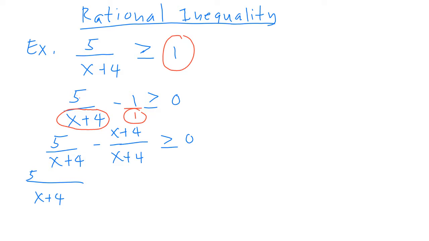We multiply this minus sign to the two terms x and 4. So that would be minus x minus 4 greater than or equal to 0. And then you combine like terms. So 5 minus 4, it's a 1. So we have 1 minus x over x plus 4 greater than or equal to 0.